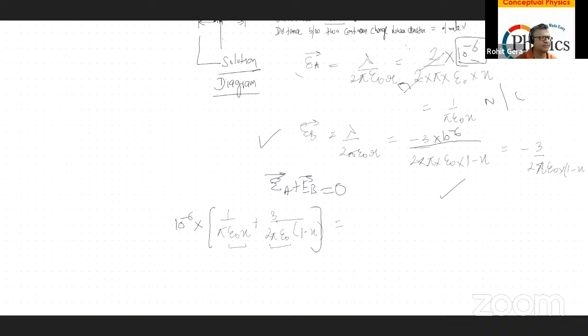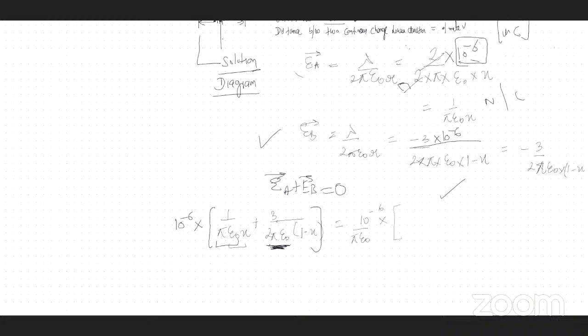Okay, now solve it. From the numerator and denominator you can take a lot of stuff common, and put it equal to 0. 1 by x.